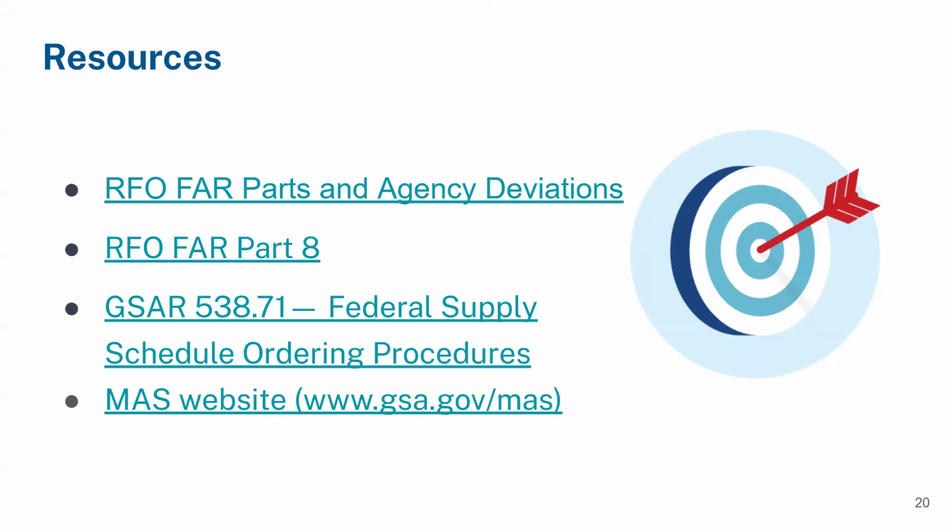And then within that 53871, you're going to see a reference to the MAS website, which is the website we showed earlier. So that's how all of that flows. And again, that last bullet is really intended to be supplementary, illustrating how this works, best practices, scenarios, all those kinds of things.